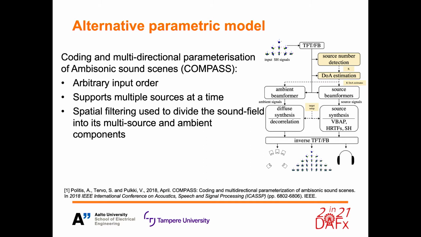The synthesis is also based purely on spatial filtering in order to divide the sound field into directional source components and into directional ambient sound components. From there, it is perhaps quite intuitive to see how one might take these individual sound components and the accompanying spatial parameters and manipulate them for the purpose of realizing spatial audio effects.